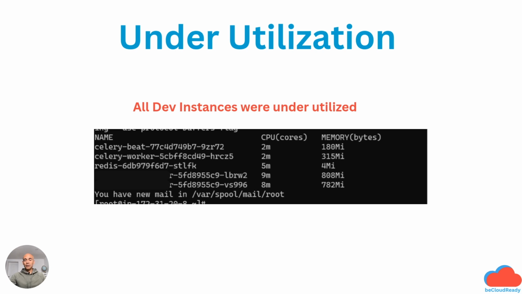Third thing, I went into their cluster and ran kubectl commands to see the resource utilization. What I saw was that all dev, QA, and UAT instances were not used heavily. It means they were overprovisioned and paying for something they are not using.